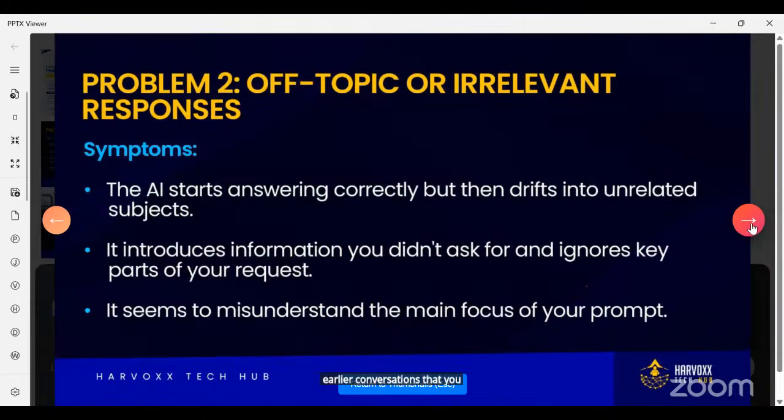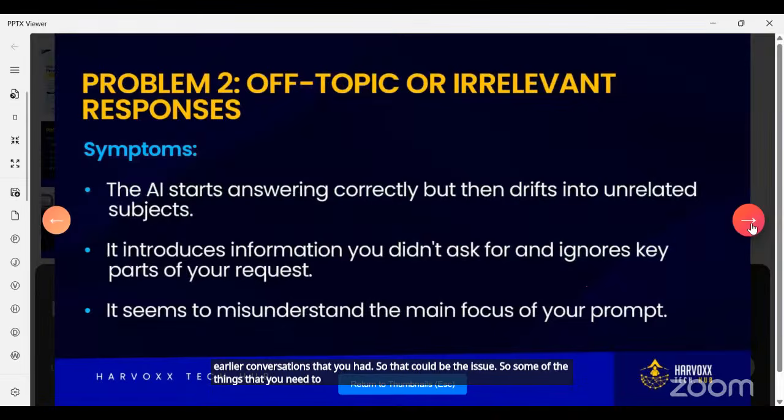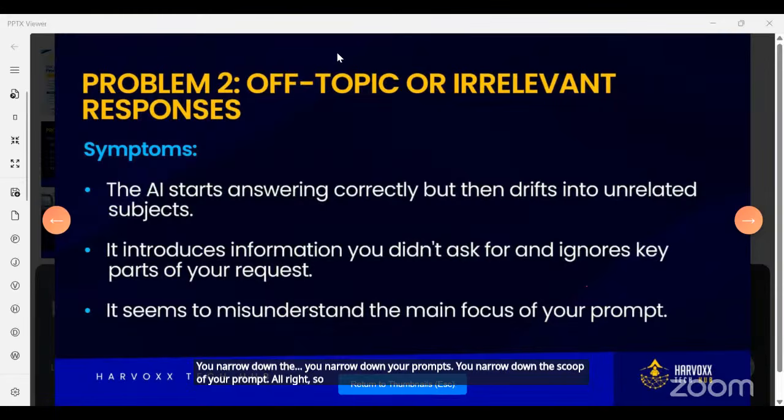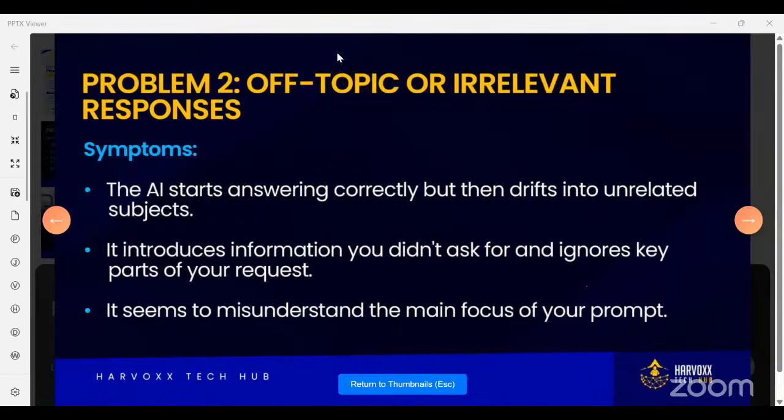So that could be the issue. So some of the things that you need to do, you already know, will be to narrow down the scope of your prompt, all right? So that you can reinforce your key constraints.